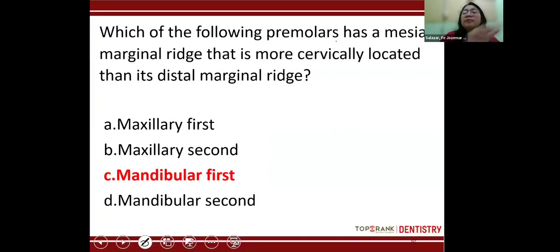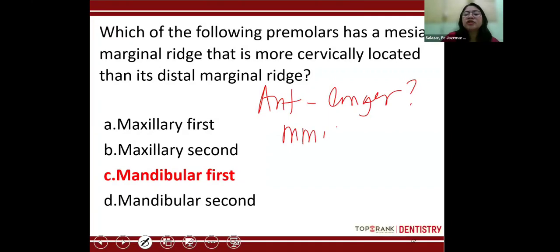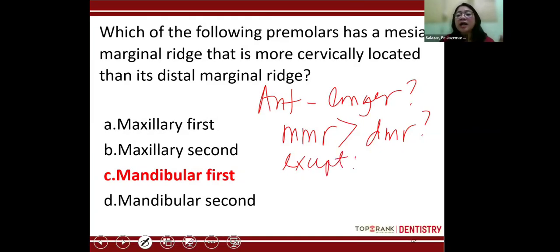Okay, another question. So on posteriors yun. On anteriors, which is longer? Okay, mesial marginal ridge or distal marginal ridge? Ano dyan ang mas mahaba? Very good. Mesial marginal ridge. Except for what again? There is an exception. Except kasi ang marginal ridges niya, equal.